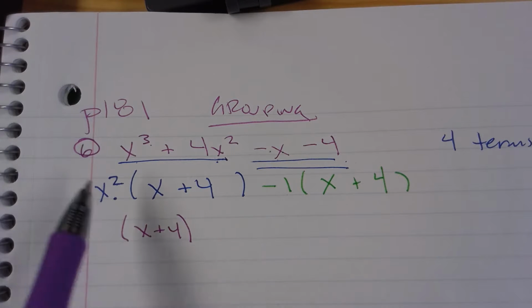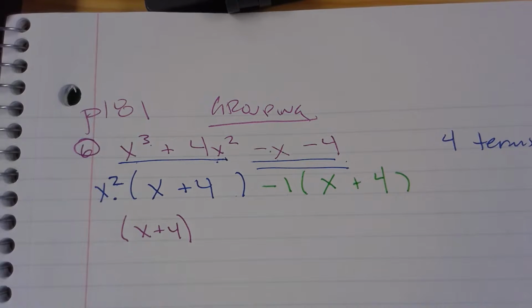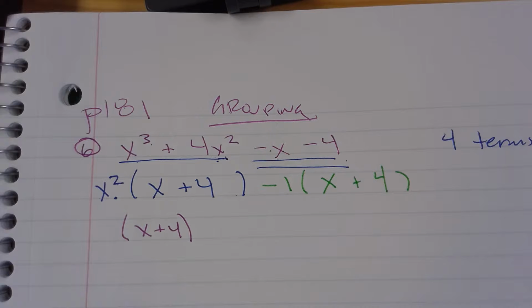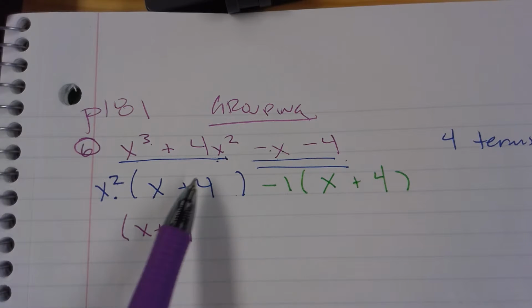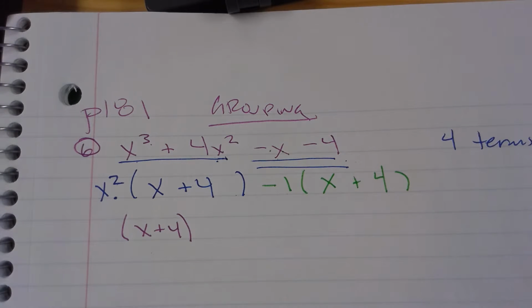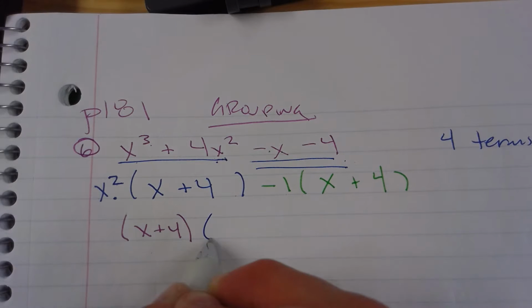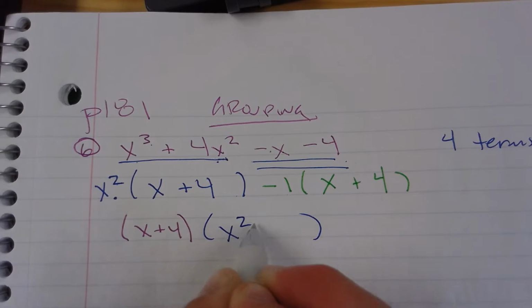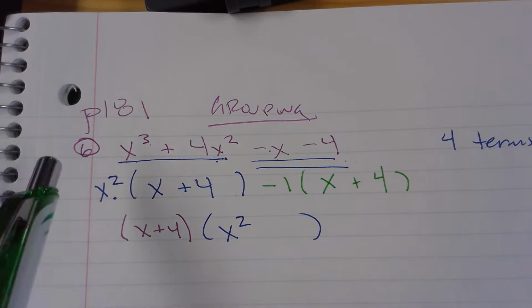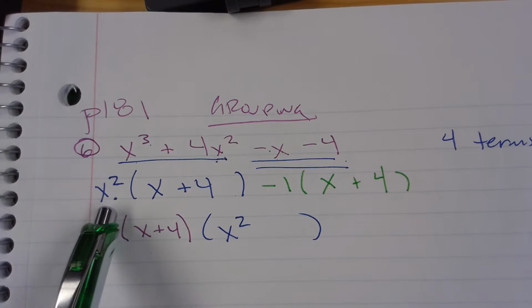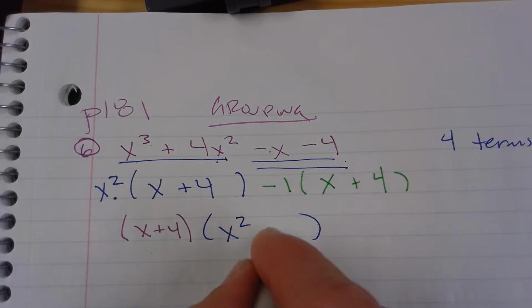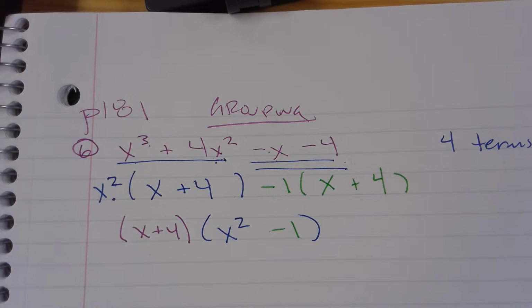Both the blue and the green have the quantity of x plus 4. So when I take this x plus 4 out of both of them, what's left over is x squared from right here and minus 1 from right here.